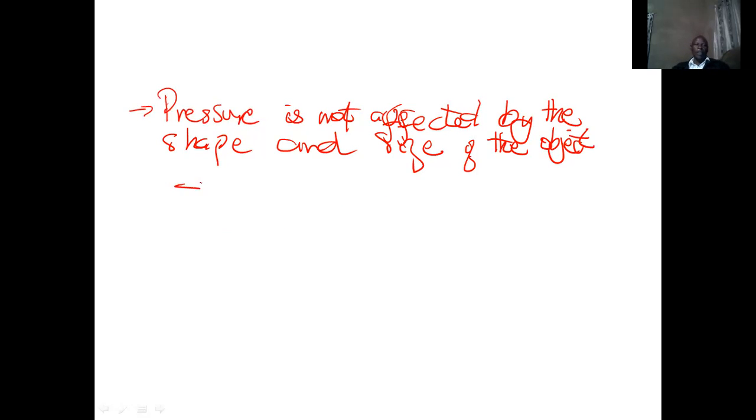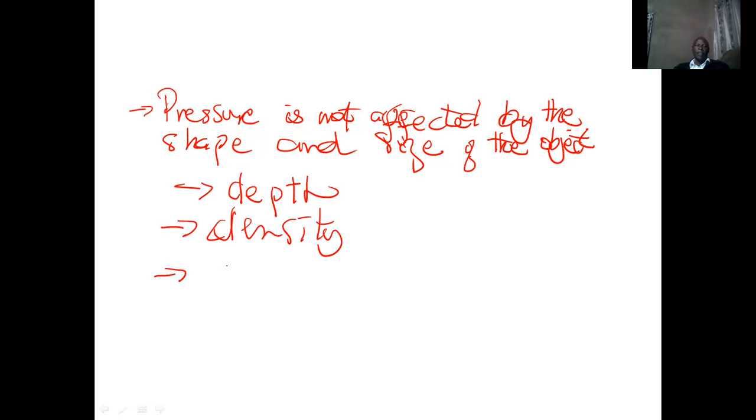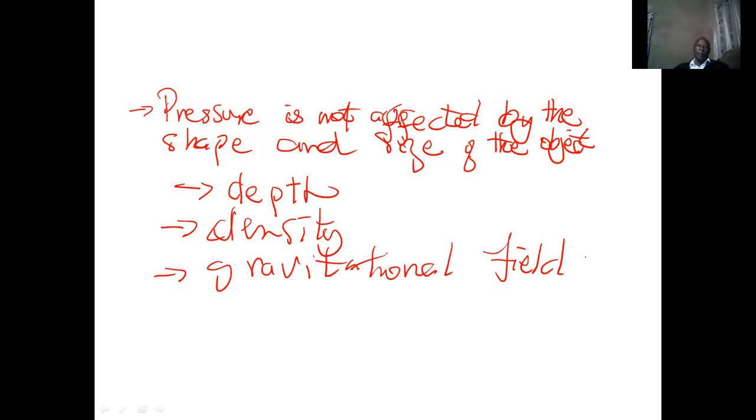So it is only affected by the depth. Pressure is only affected by the depth, the density, as well as the gravitational field strength. Okay, so this is very important.